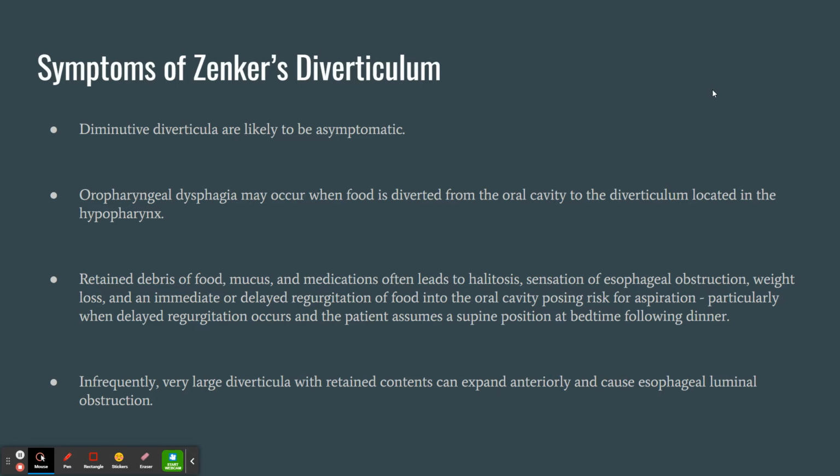Retained debris of food, mucus, and medication lead to halitosis and a sensation of esophageal obstruction, and over time can cause weight loss. As an immediate or delayed regurgitation of food into the oral cavity, they pose a risk for aspiration. This occurs particularly when patients eat dinner, lie down, and go to bed, and then have an aspiration event overnight.